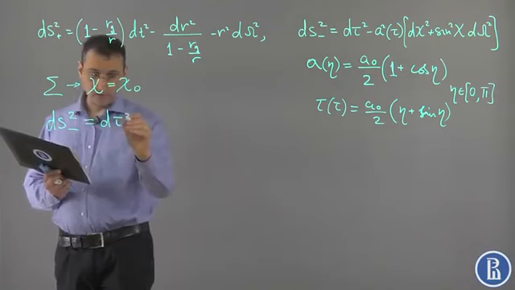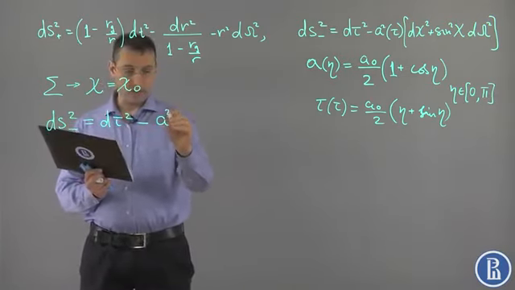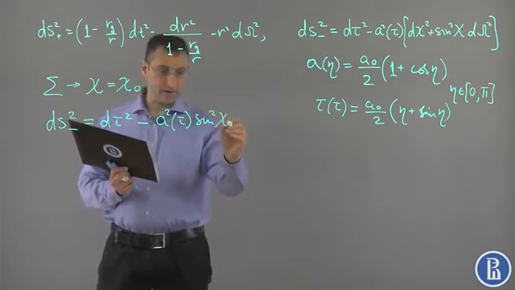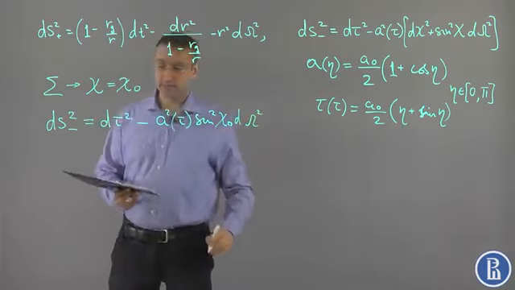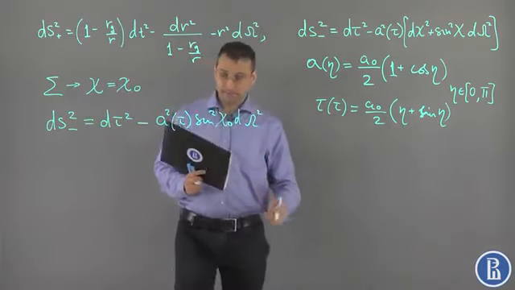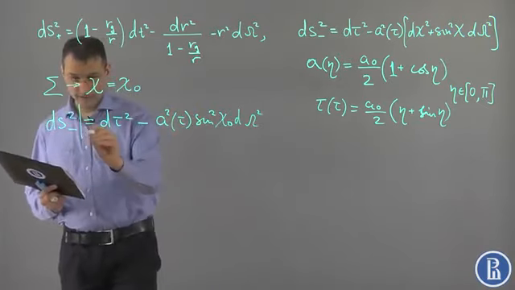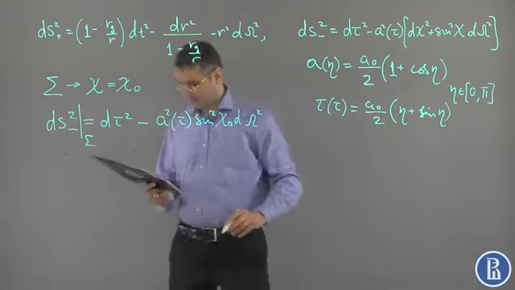The metric on this world surface is just d tau squared minus a squared of tau sine squared chi 0 d omega squared. So this is the metric restricted to the surface sigma, so just chi is fixed.